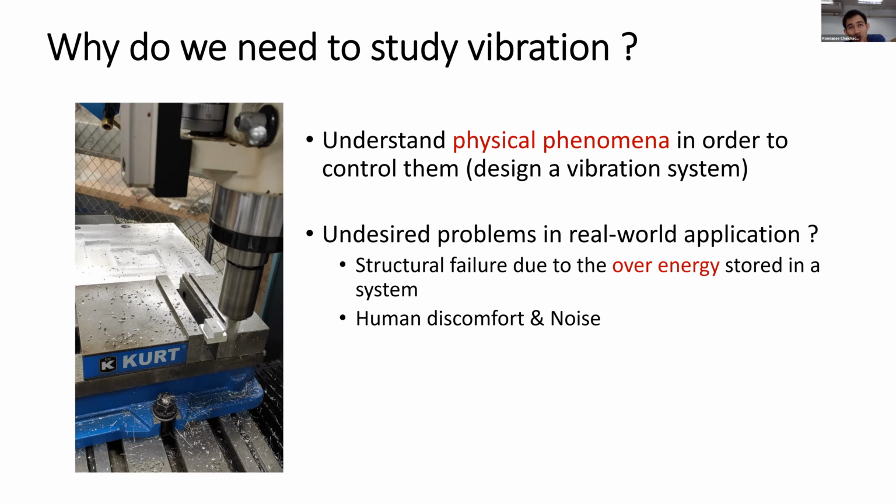Here is the first important thing to prevent damage from too much energy stored in the system. We need to find a way to dissipate the energy from the system so that the structure does not fail.